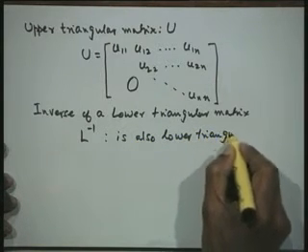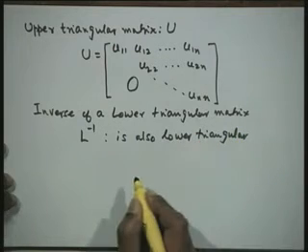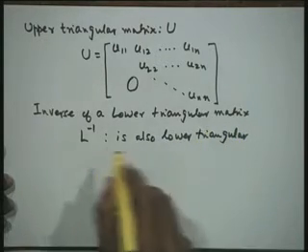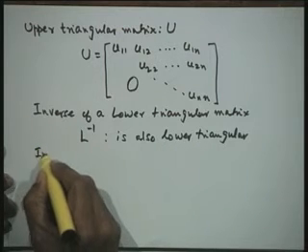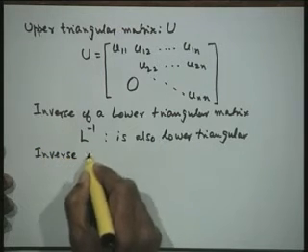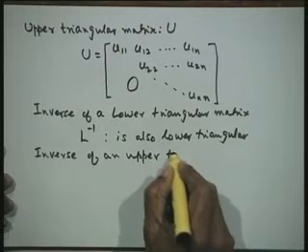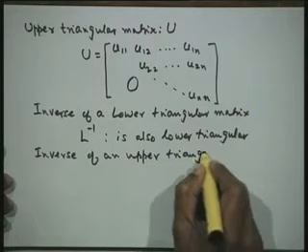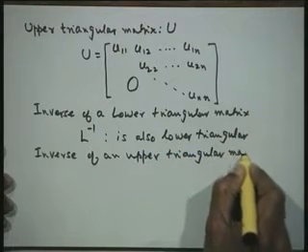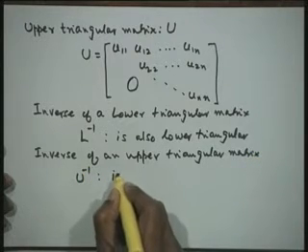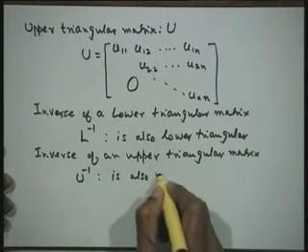This is an important property that we shall be using later on. Similarly, the inverse of an upper triangular matrix, which we shall denote as U inverse, is also upper triangular.